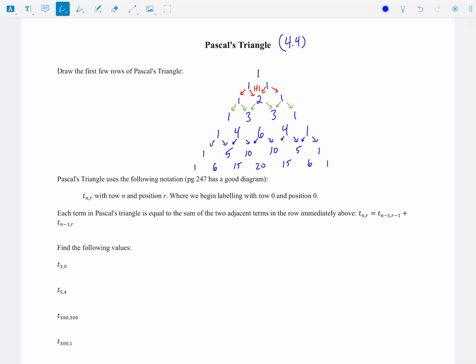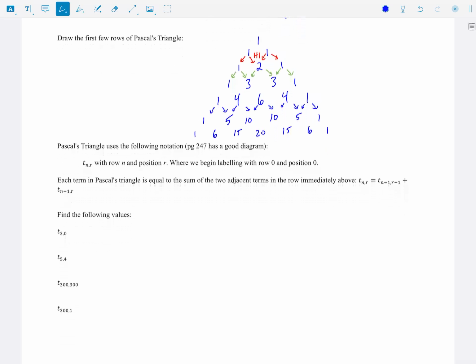Pascal's triangle uses the following notation. Page 247 in your textbook, in section 4.4, has a really good diagram. It uses this notation, T, N, comma, R. Those N and R are subscripts. The N is the row and the position is R, where we begin labeling with row 0 and position 0.